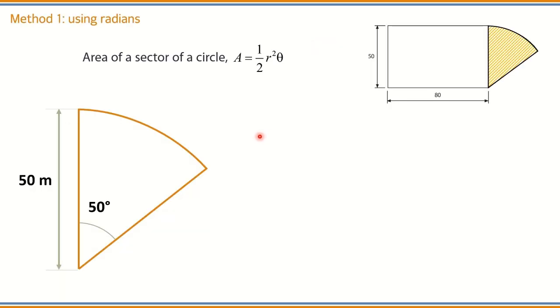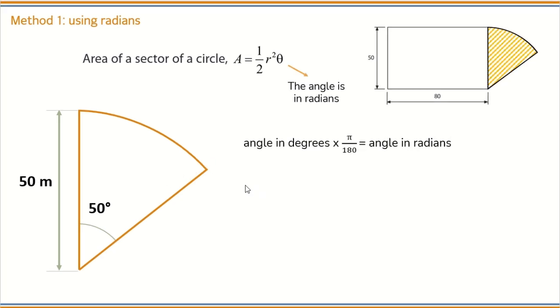I will solve this using two different methods. In this first method, I will use the formula that uses radians. So the first step will be converting 50 degrees into radians. I will have to multiply 50 by pi over 180.